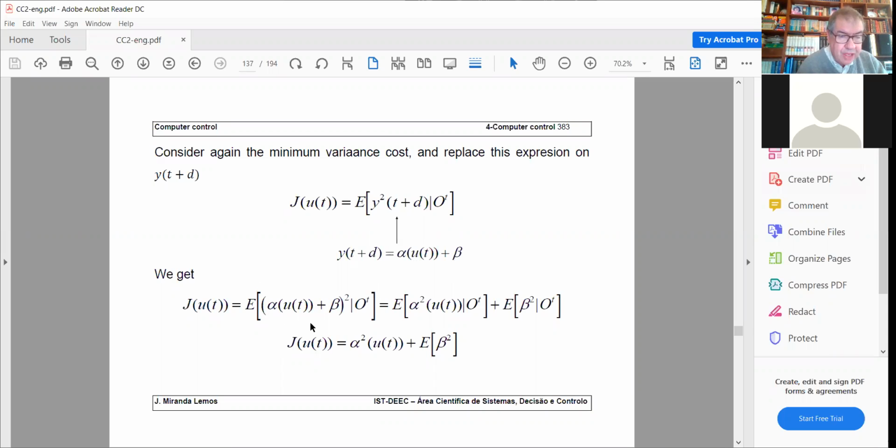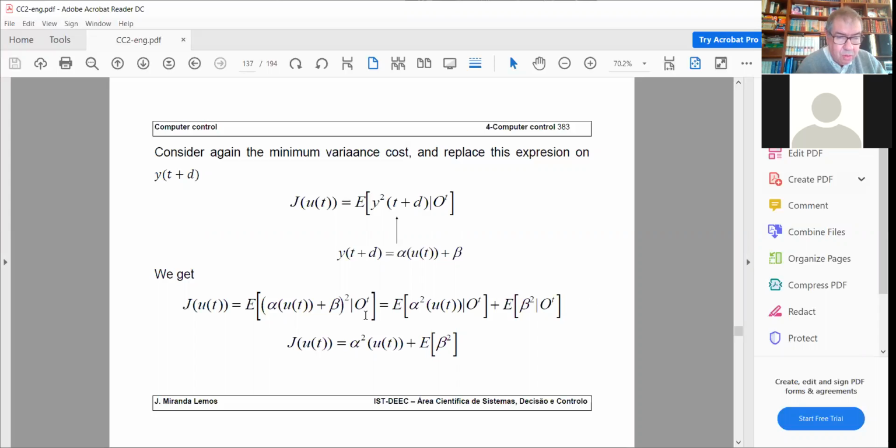Now, you have the expected value of alpha squared, the expected value of beta squared, and then the expected value of the product of alpha and beta. But since alpha and beta are independent of each other, the expected value is the expected value of alpha times the expected value of beta, and they are both 0. So there is no cross term here.